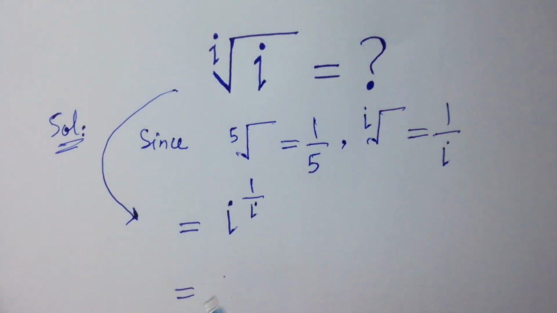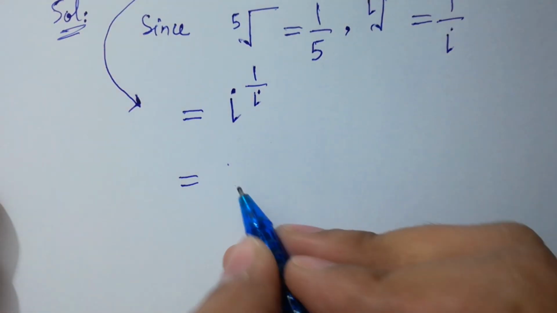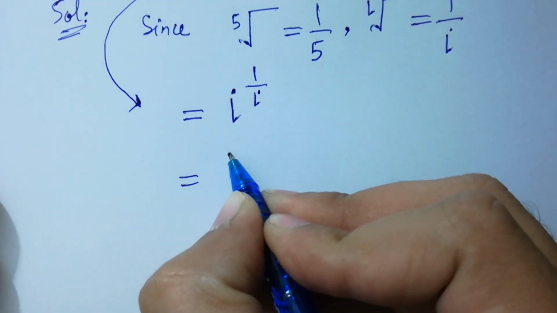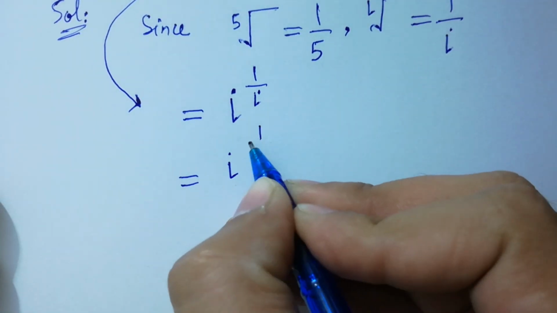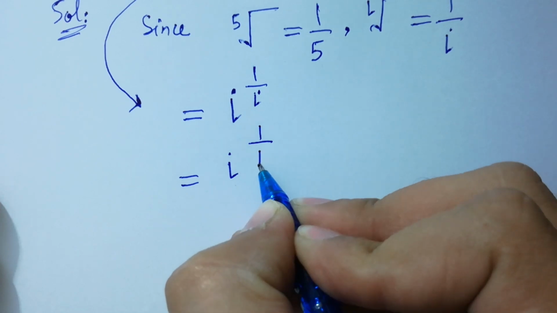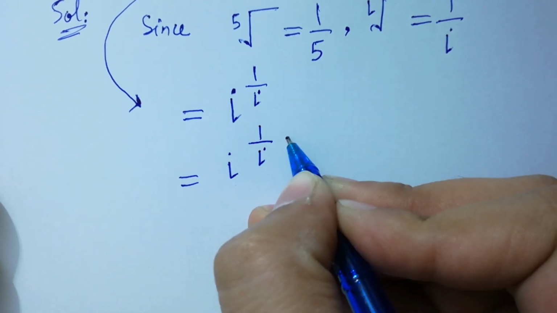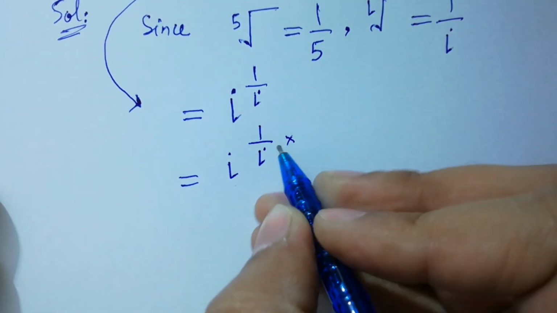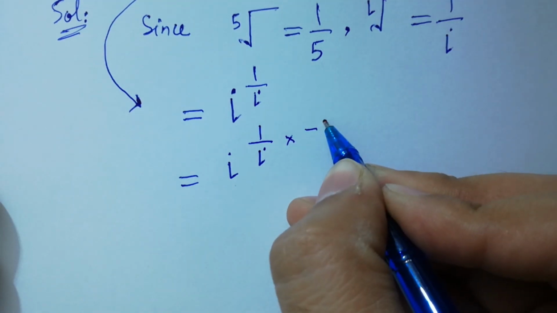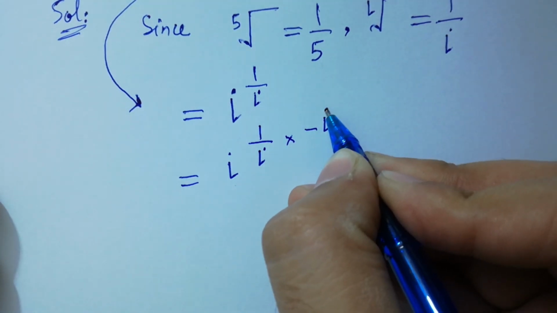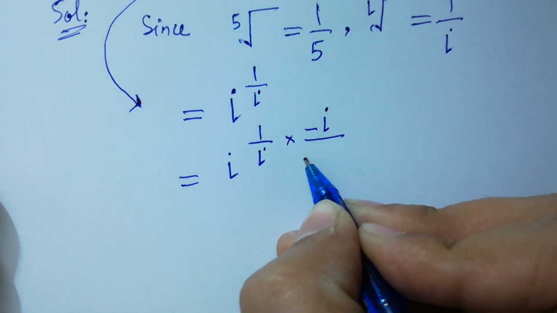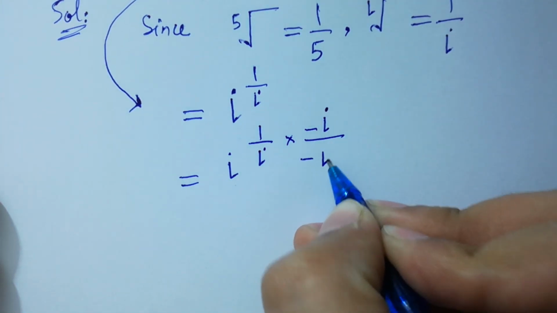i to the power 1 over i, rationalize it, times minus i over minus i.